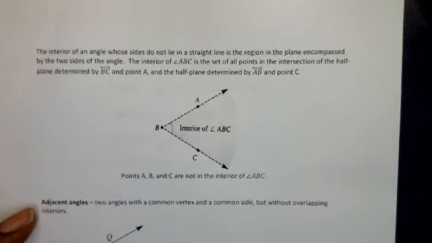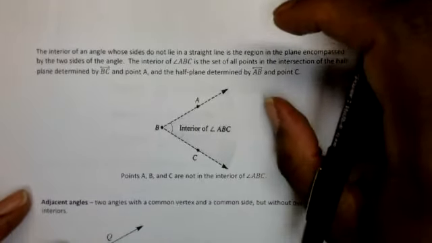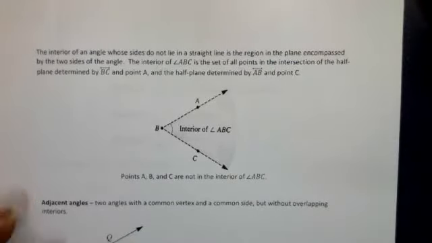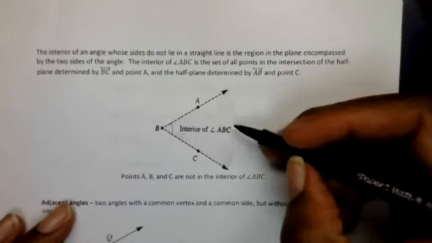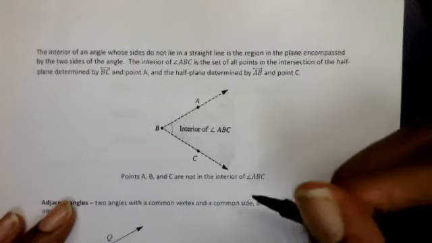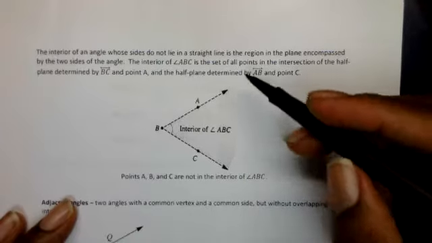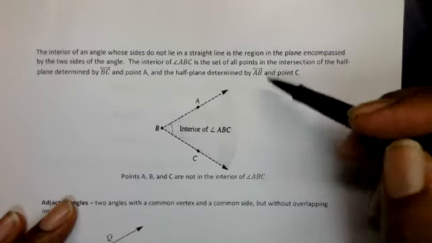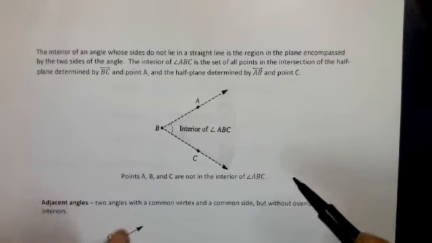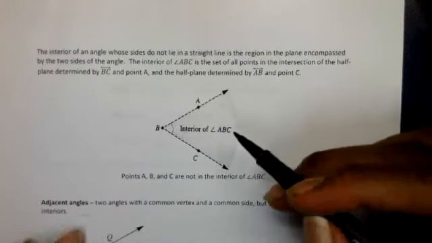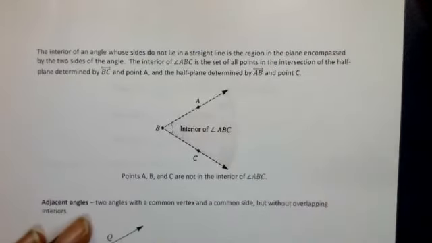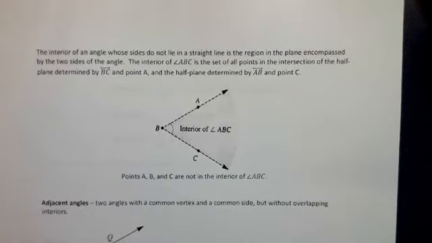Now the interior of an angle, whose sides do not lie in a straight line, is the region in the plane encompassed by the two sides of the angle. The interior of angle ABC is the set of all points in the intersection of the half plane determined by line BC and point A, and the half plane determined by line AB and point C. In this example, here's angle ABC, or you can call it simply angle B by just the vertex itself.